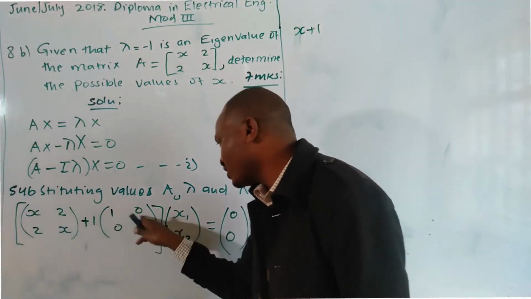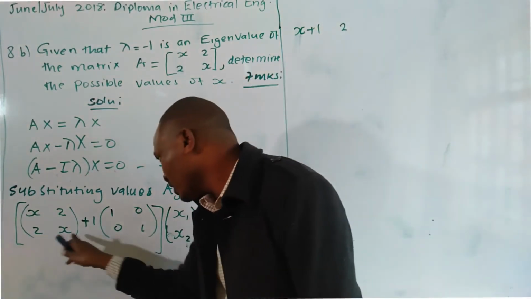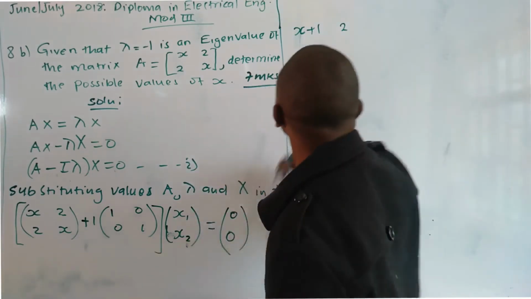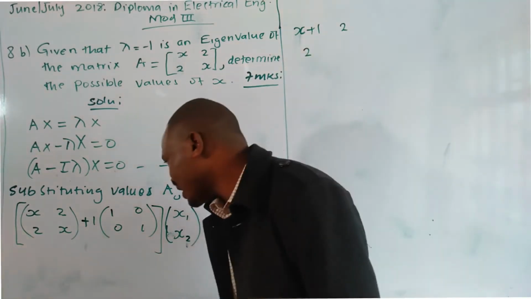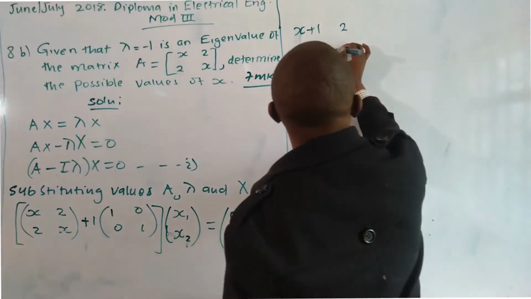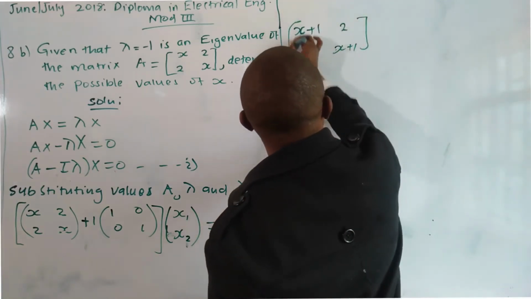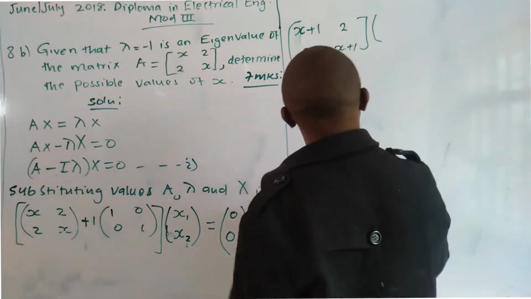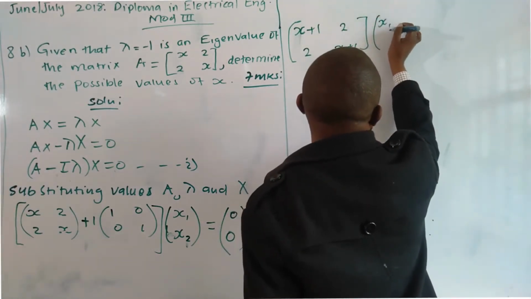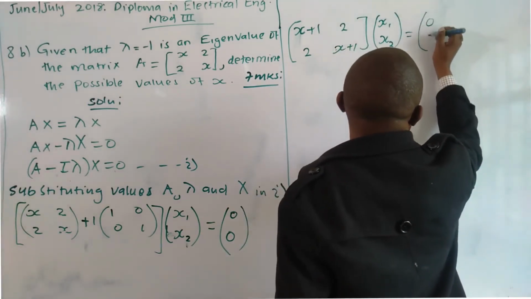We have 2 again, 2 plus 0, which is 2, and finally 1 times 1 is 1, so we have x plus 1. This we multiply with x1, x2 is equal to 0, 0.